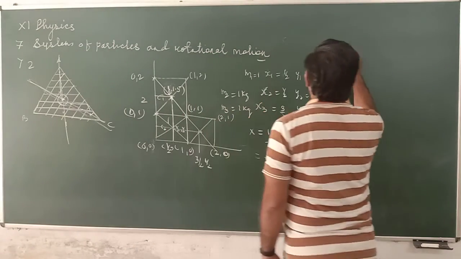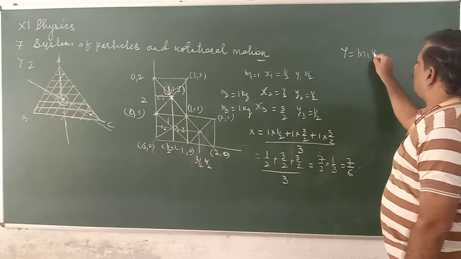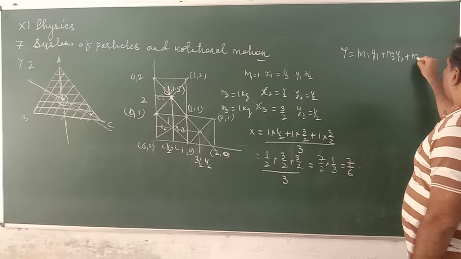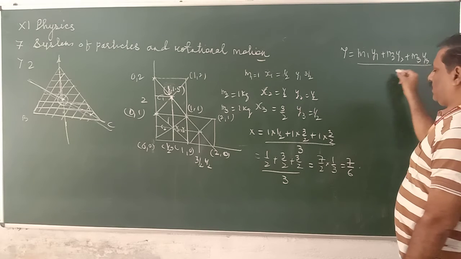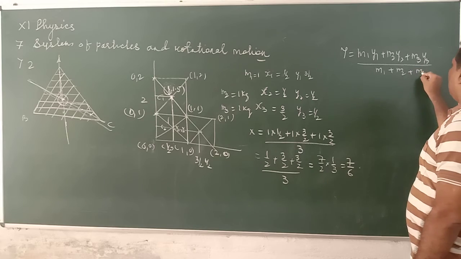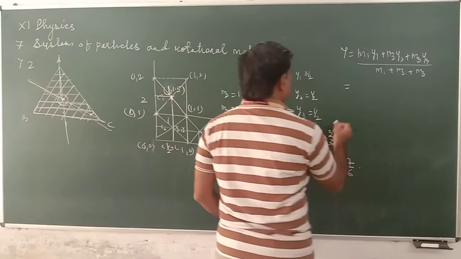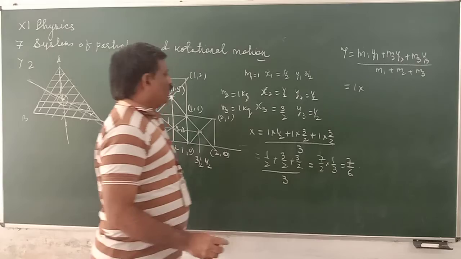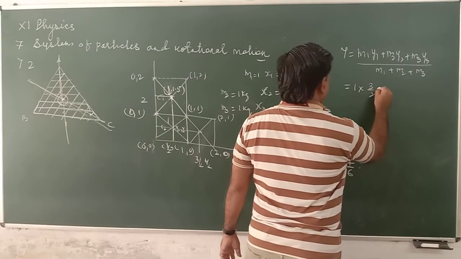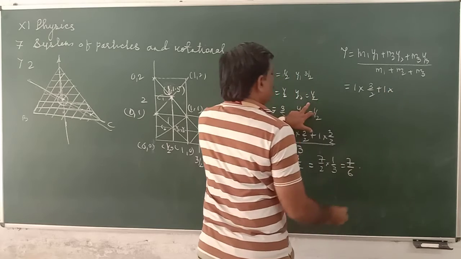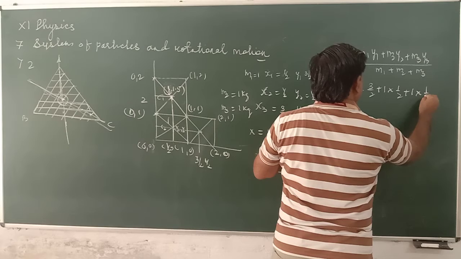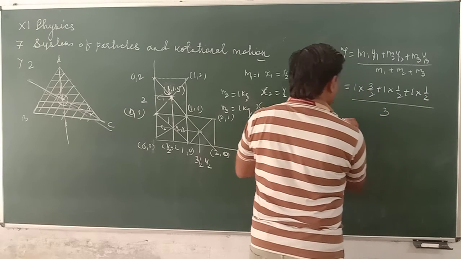Similarly, y is equal to m1y1 plus m2y2 plus m3y3 divided by m1 plus m2 plus m3, where m1 is 1, y1 is 3/2, plus half plus half, divided by 3.